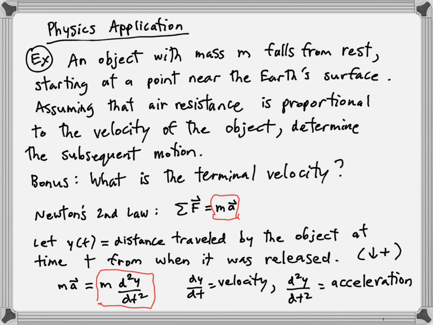Okay? So let me do this on the next page. Let's say that this is the object, and it is in free fall. If it's in free fall, there are only two things acting on it. We're going to call one of these guys F sub W. This is the weight.